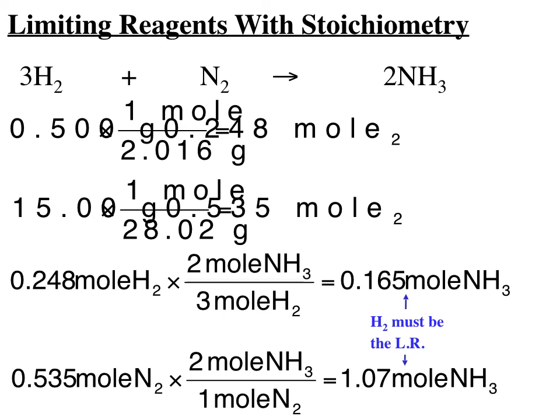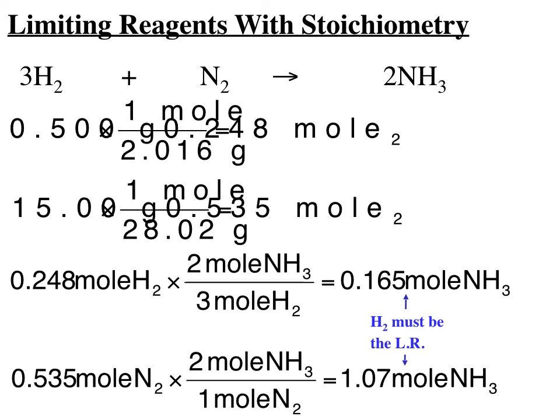There is a 2 to 3 ratio between the H2 and the NH3. So when I convert the moles of H2 into moles of NH3, I find that using all 0.248 moles of it will form 0.165 moles of ammonia. There is a 2 to 1 stoichiometry between the ammonia and the N2.